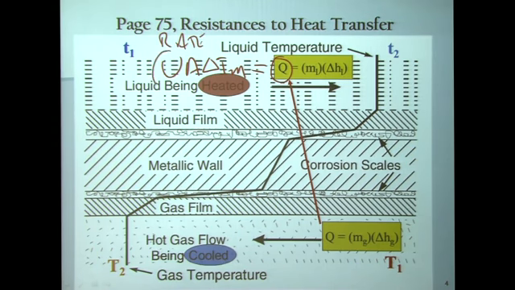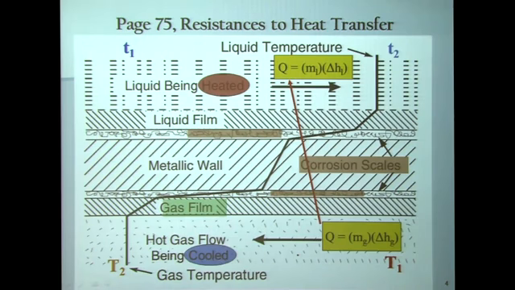This slide is focusing on the determination of the overall heat transfer coefficient. In order for the heat to go from the hot gas that's being cooled, it has to go through a gas film. So there's a resistance that the gas film offers to the heat transfer.